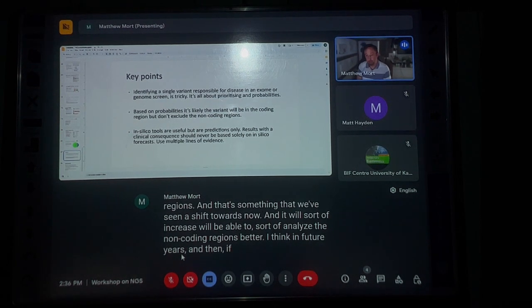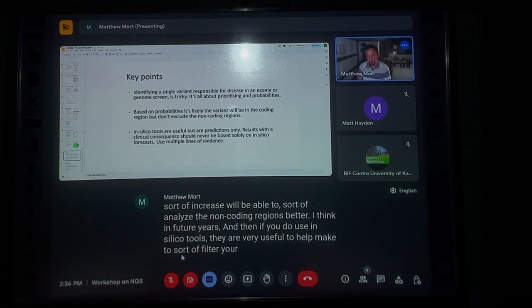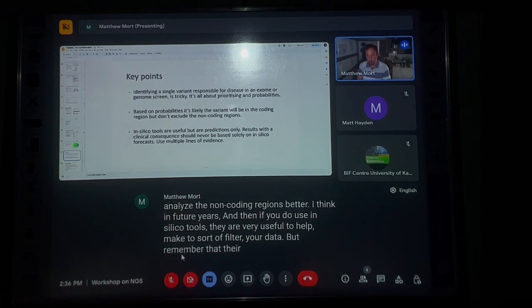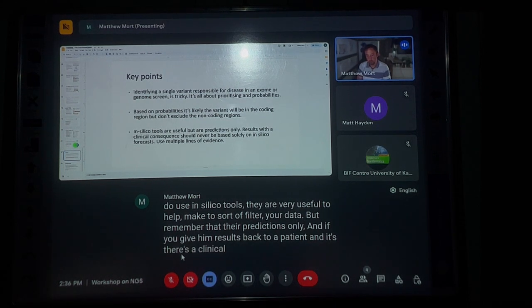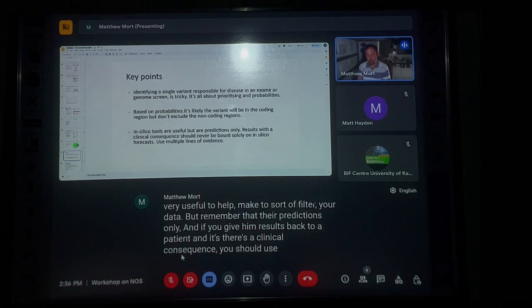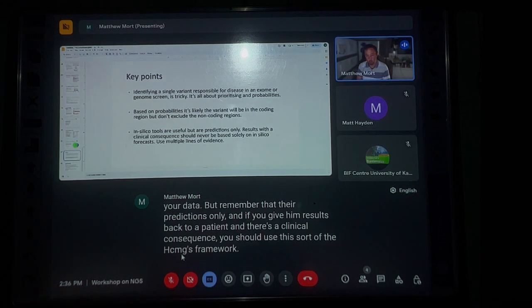And if you do use in silico tools, they are very useful to help filter your data, but remember that they're predictions only. If you're giving results back to a patient, and if there's a clinical consequence, you should use the ACMG framework, which relies on multiple lines of evidence.